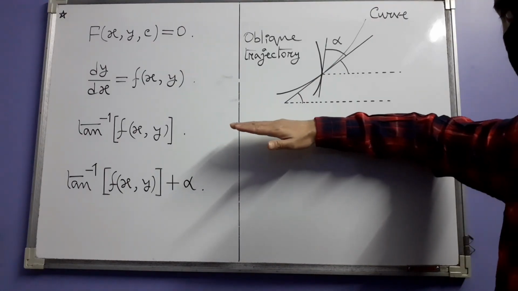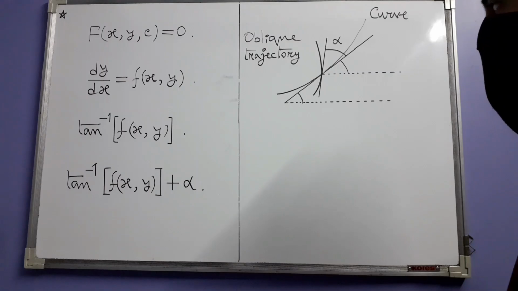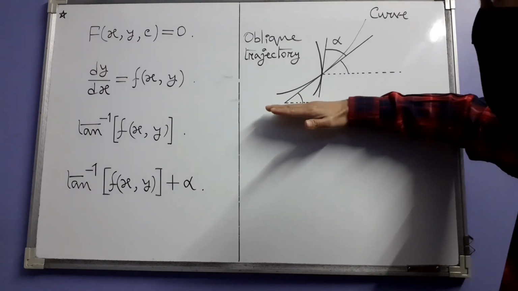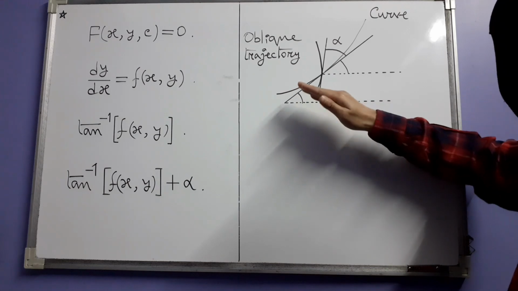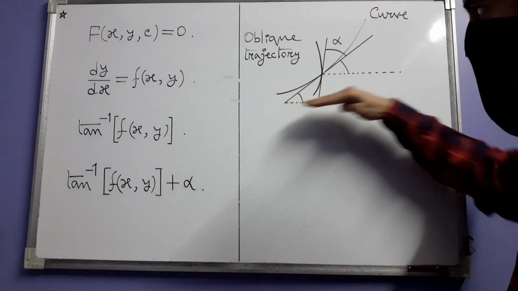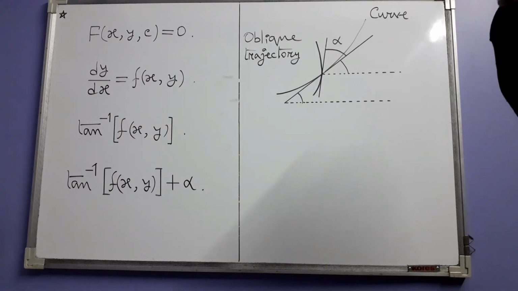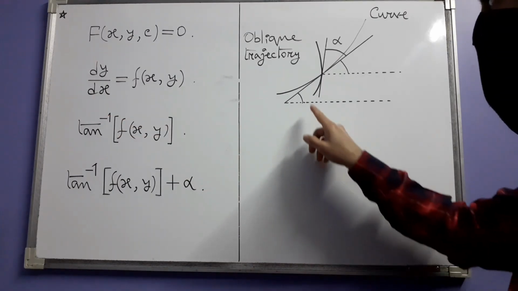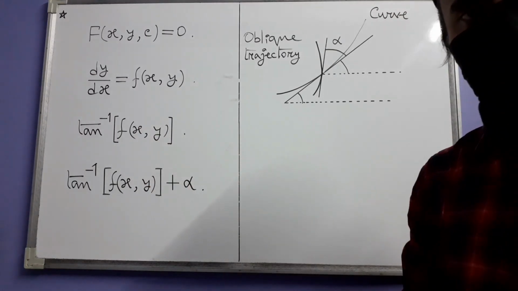This is your horizontal line, or you can think of it as your x-axis. I mean, of course, it's not necessary that this is the x-axis. It may lie anywhere. It's just that this angle of inclination is the angle that this tangent makes with a horizontal line in the positive direction. You already know these things. Now, this angle is this tan inverse of f(x, y).